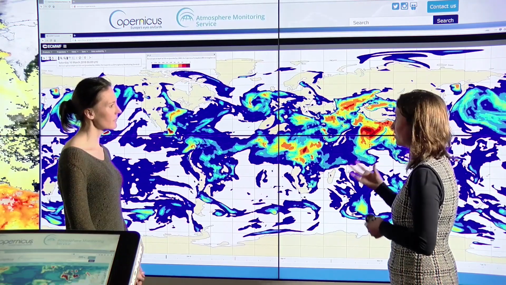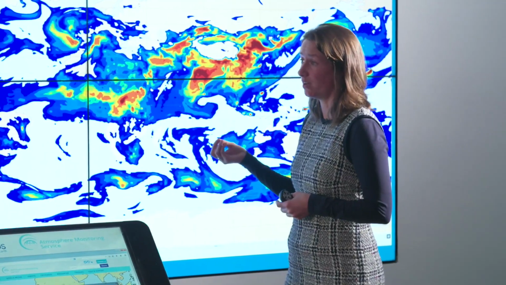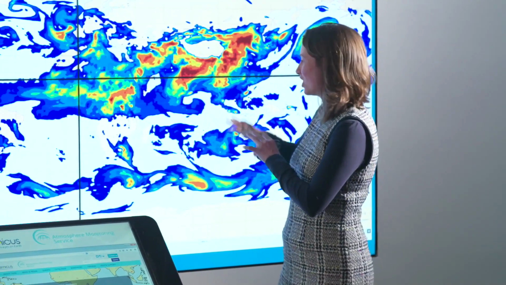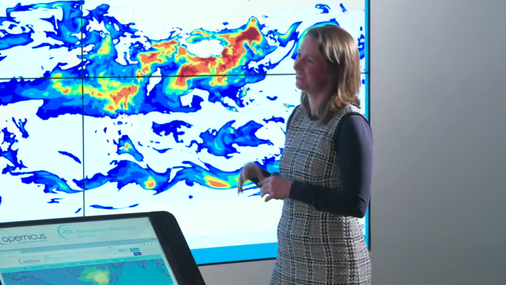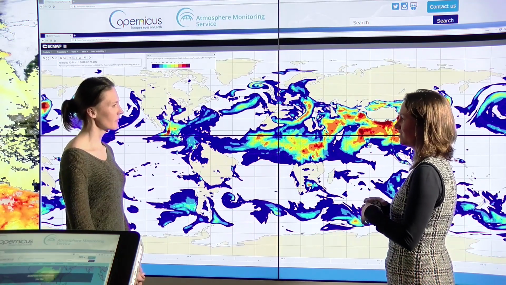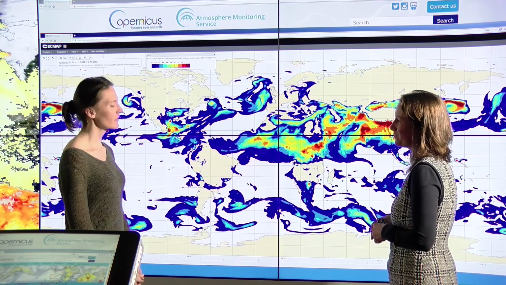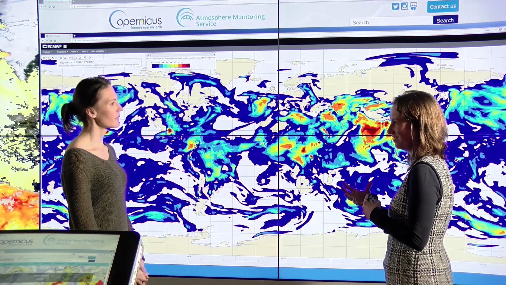What would be really good at some point in the future with enough computer power would be to increase the resolution of our model. But you're looking at a global model on multiple levels going up through the atmosphere, so to increase the resolution is a huge amount of computing power and data storage. These things only become possible as the computers improve.